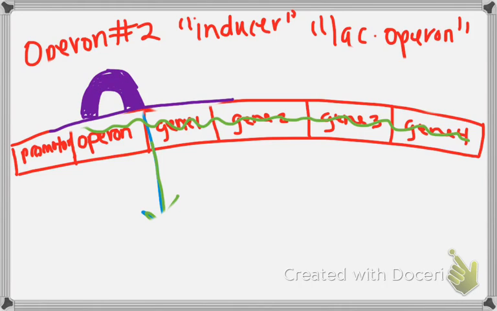This repressor will always stay here. It'll stay there as long as it wants, because there's nothing to come and fill in this space. You fill in that space, repressor has to leave. No filling of the space, repressor stays.